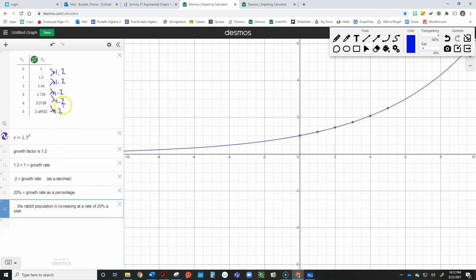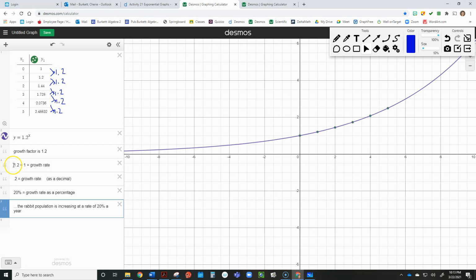So we see that 1.2 is the constant multiplier, so we would call 1.2 the growth factor. If it's written as an equation right here, it would be the base of the exponent x. The formula that I gave you on the other page: you take the growth factor, and that's set equal to 1 plus the growth rate.